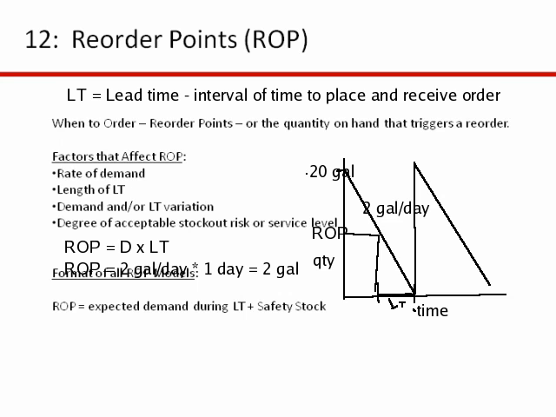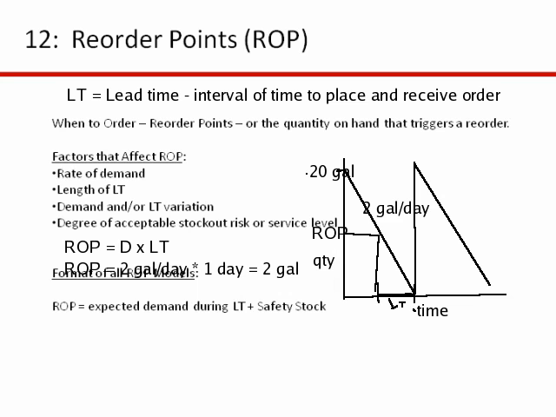If I buy my 20 gallons of milk, after the first day it's going to be 18, after the next day it's going to be 16, so I'm monitoring what I have on hand. And when I get down to 2 gallons of milk, that is my reorder point. That means I've got to go and buy 20 more gallons, because if I don't, I'm going to run out.